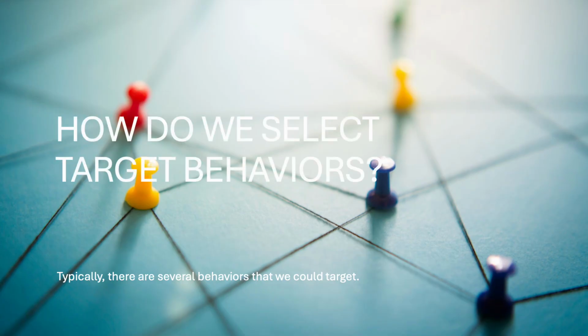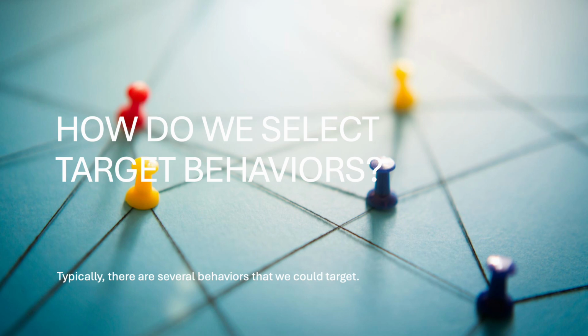So how do we select target behaviors? Typically, when we are conducting a behavioral assessment, as I mentioned, there are different types of behaviors that we can focus on. We have our adaptive behaviors, we have our maladaptive behaviors, and it can be very tricky to determine which behaviors, out of a list of maybe 20 or 30 behaviors that you would like to target, to prioritize.